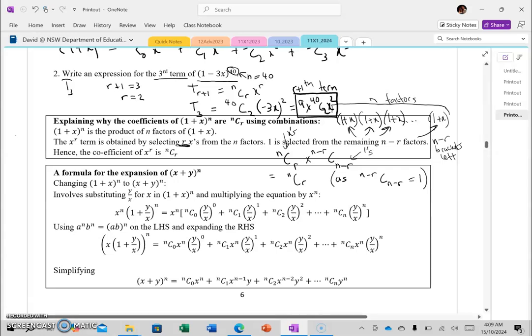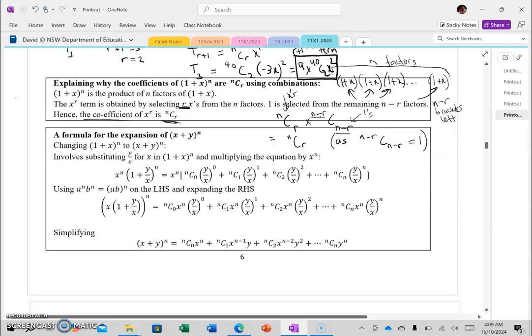So this first guy, NCR, is the selection of x's, and then this term here, n minus rc n minus r, is the selection of ones from the remaining brackets. Now this back term is just going to be 1, right? Because this and this is the same. Okay? So because that back bit is 1, we just get NCR. So hence the coefficient of x to the r is just NCR.